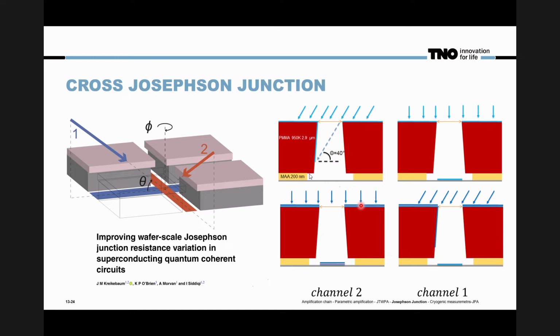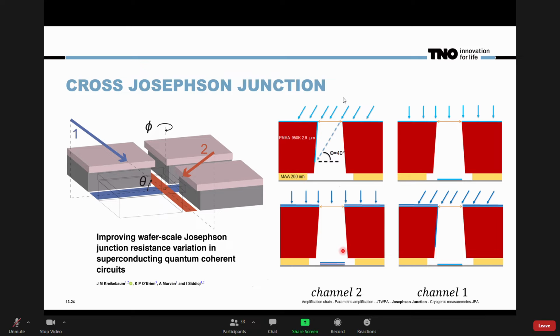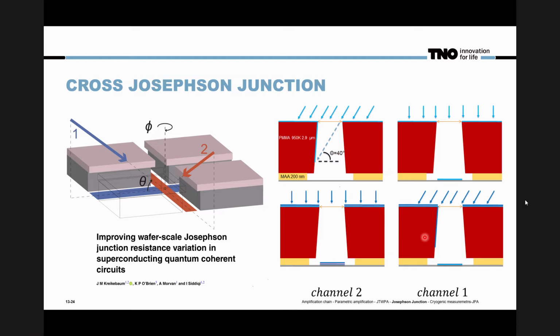But because we rotated the sample, the aluminum will reach channel 2, but for channel 1, the aluminum is evaporated on the sidewalls. And so the overlap area of the junction depends on the top opening of the developed resist, which is indicated with a double-sided orange arrow here in these pictures.